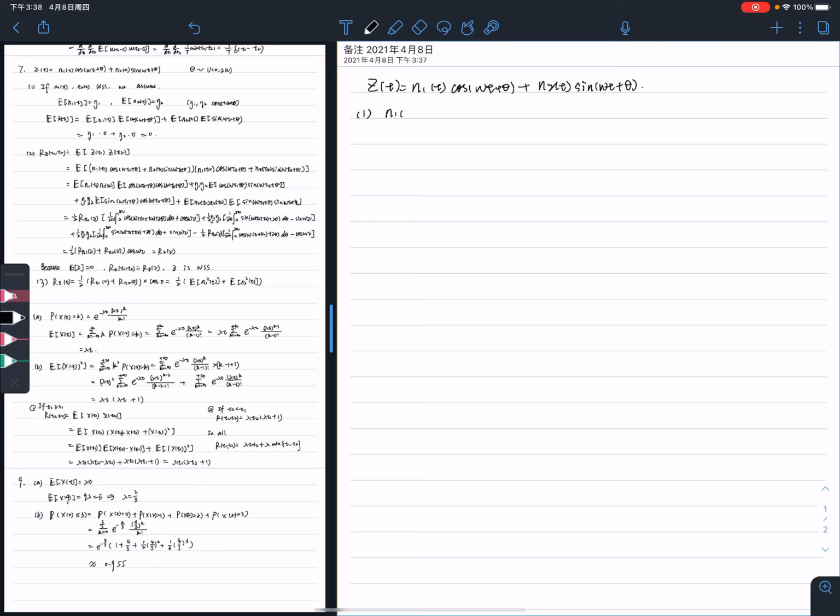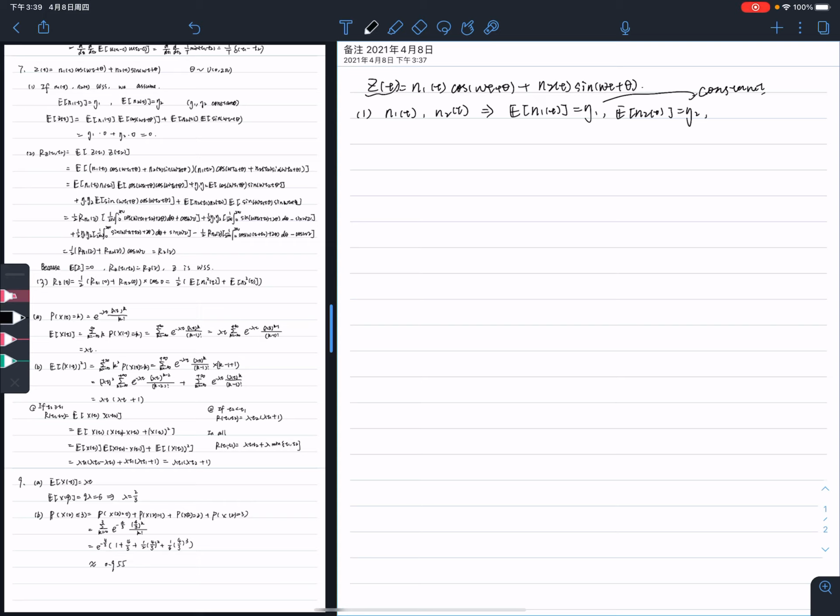Because N1(t) and N2(t) are wide-sense stationary processes, which means that their expectation is a constant value, we can have that the expectation of N1(t) equals η1 and the expectation of N2(t) equals η2, where η1 and η2 are two constants.